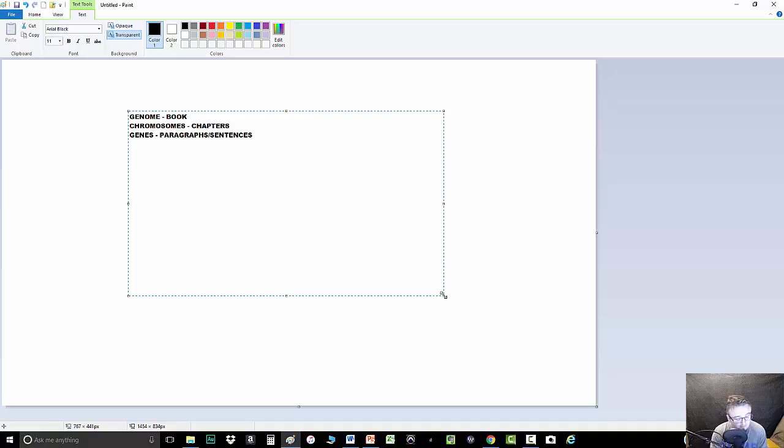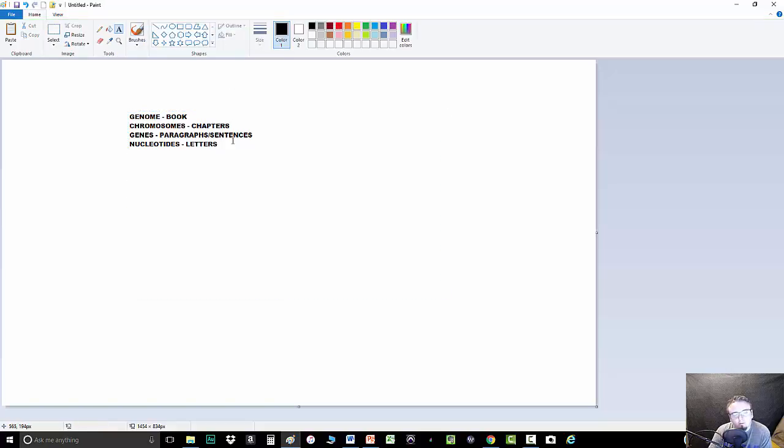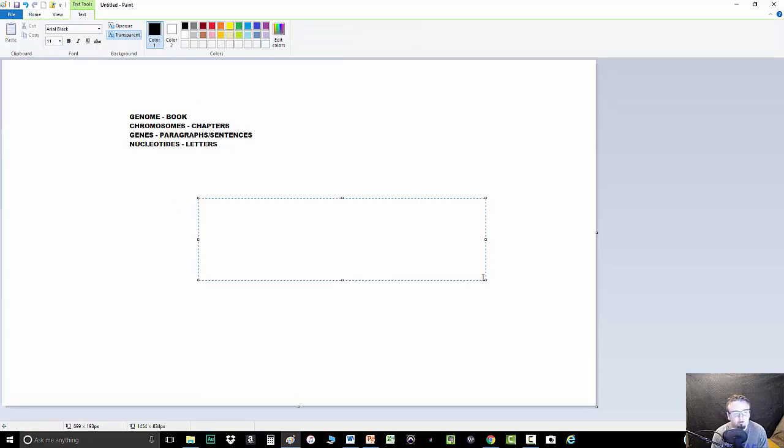The last part really is the nucleotides. These are equivalent to letters. So these are essentially the individual units of the genetic language. And just like a language, the exact sequence and combination of these letters gives us different meaning.